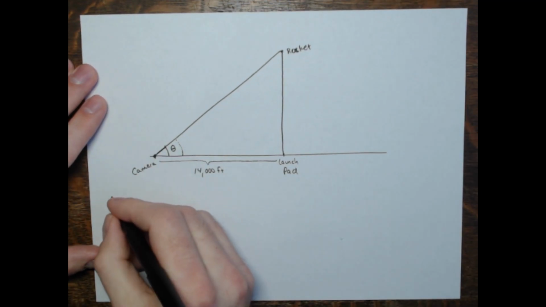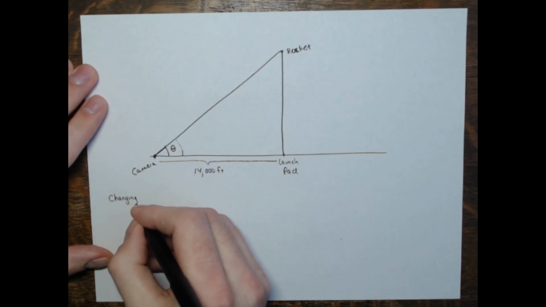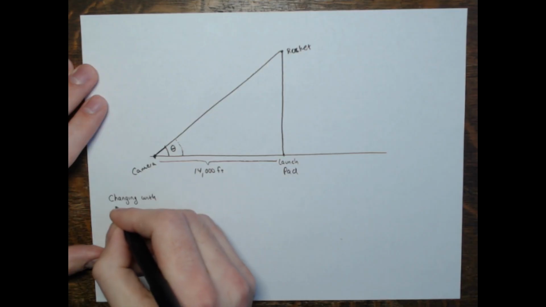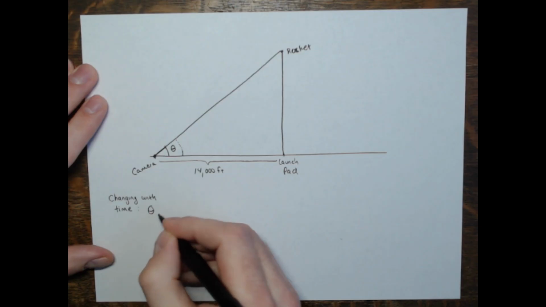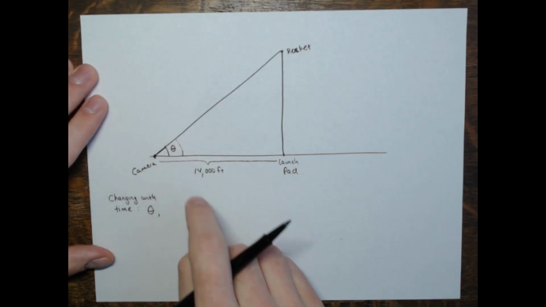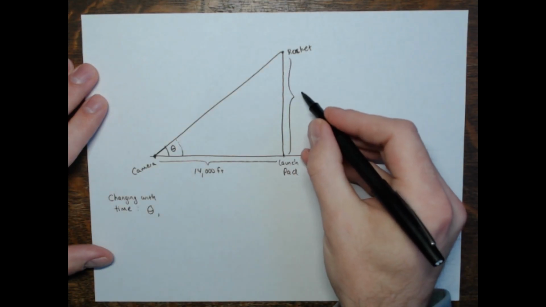So theta is changing with time. Again, you're identifying these quantities that change with time. Theta changes with time, that's the angle of the camera. And also the height of the rocket. So I'm going to call this h.